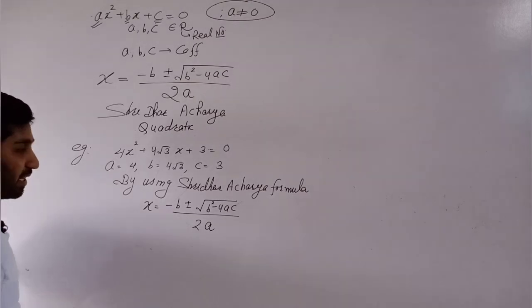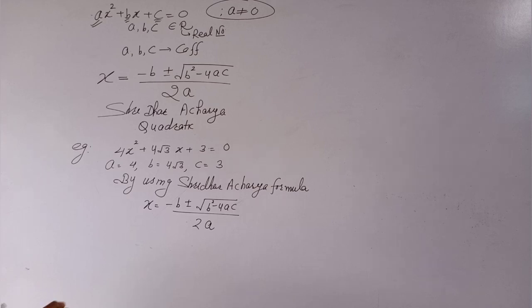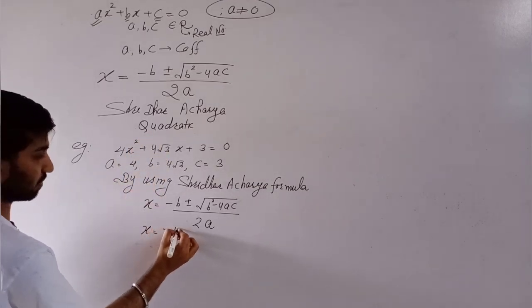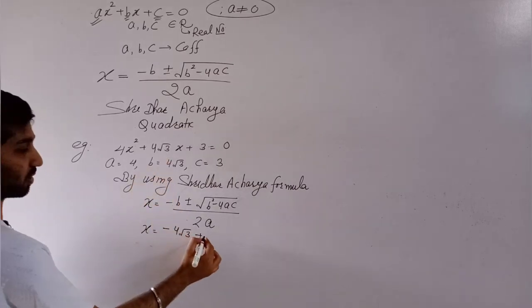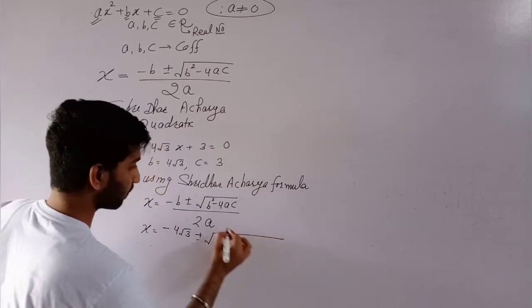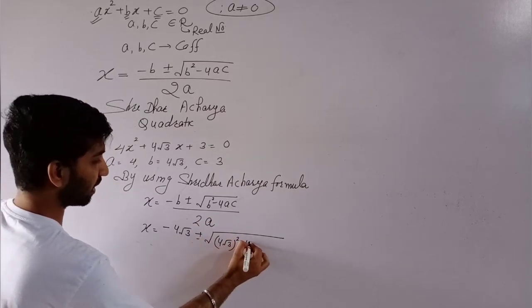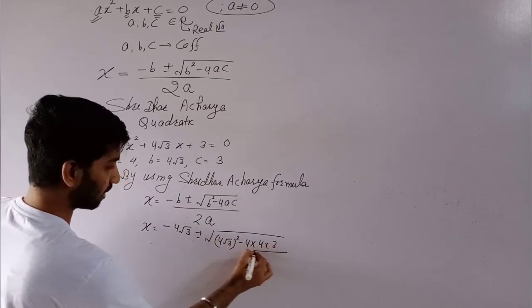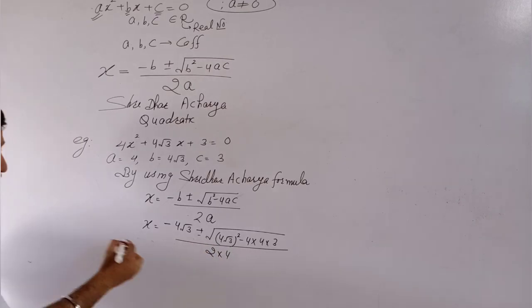By putting the values we get x is equal to minus b, which is minus 4 root 3, plus minus root of (4 root 3) square minus 4 multiply a, which is 4, multiply c, which is 3, divided by 2 multiply a, which is 4. Now solve this.